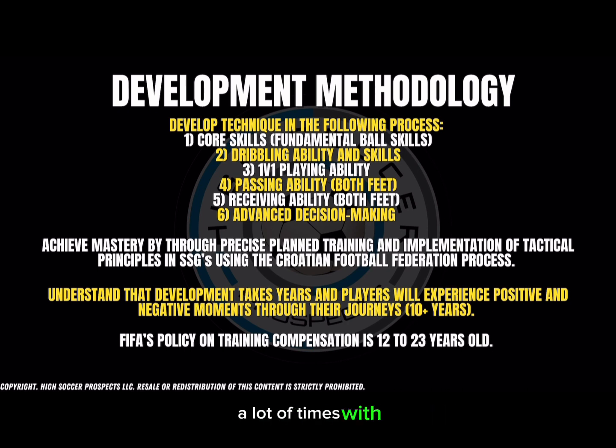And you'll see a lot of times with lower level skilled players, the ball will be played to them and it's almost like the ball bounces or ricochets off their foot. And it takes time, and this is why core skill is so important, especially with juggling, to develop the ability to receive and control and have proper touch. And this is not an easy process to do, but that would be the next phase.